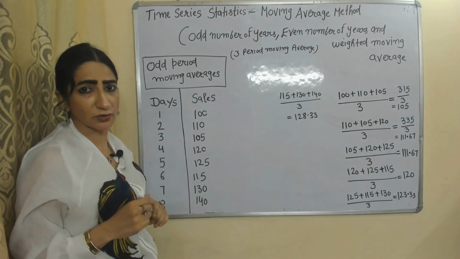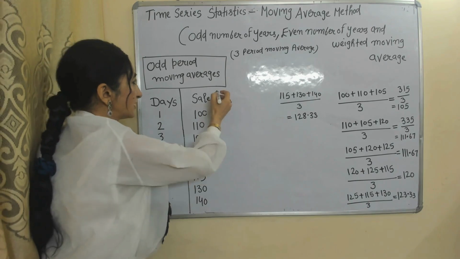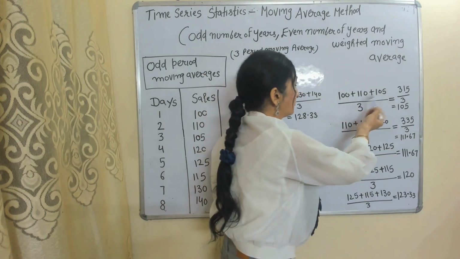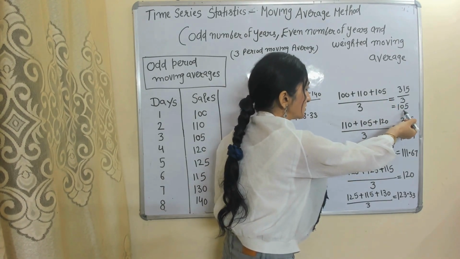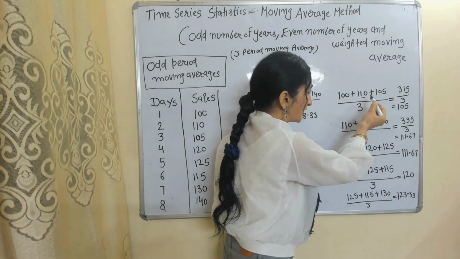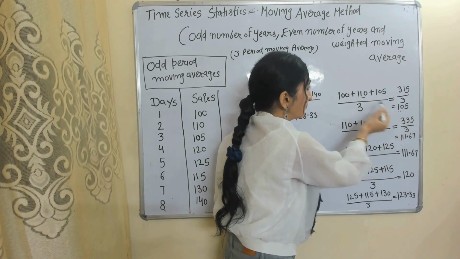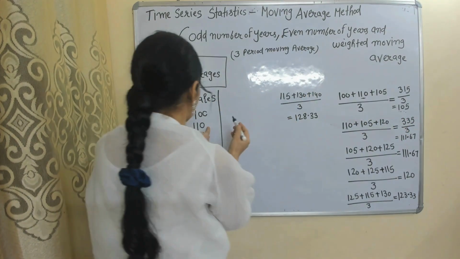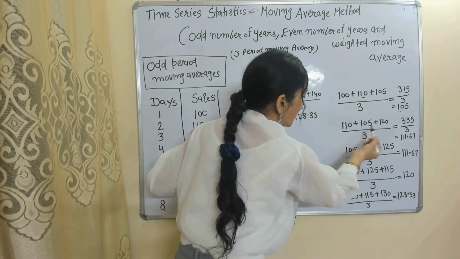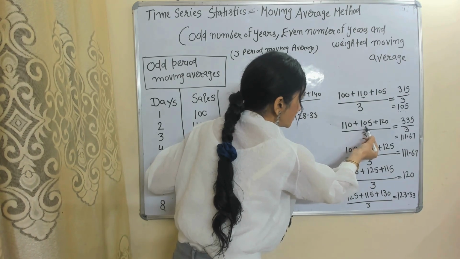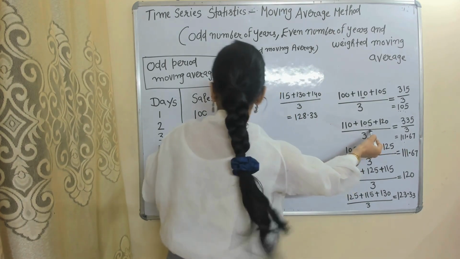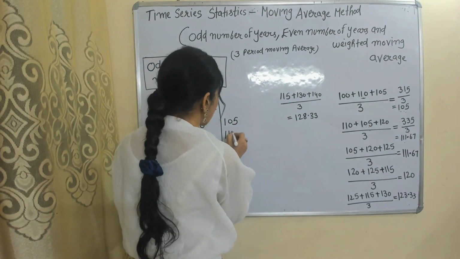Now what will we do? We will write each average in front of its center number. Here you can see the average of these three numbers is equal to 105. The center number is 110. That's why we will write 105 in front of 110. The average of these numbers is this one and 105 is the center number, so we write this number in front of 105.